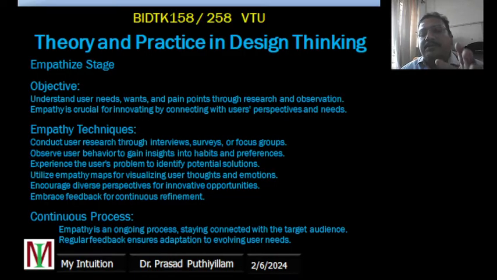The methods under empathizing include user research, observing their behavior when they handle that particular product, experiencing the users' challenges, what challenges the users are facing, using empathy maps, promoting diverse perspectives, and welcoming feedback from the users.